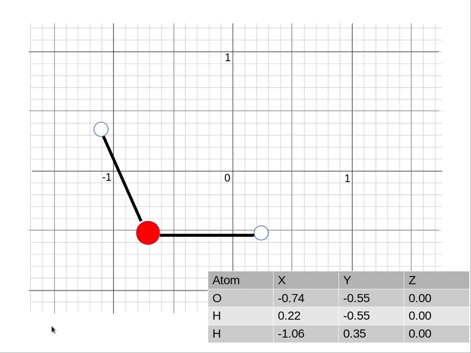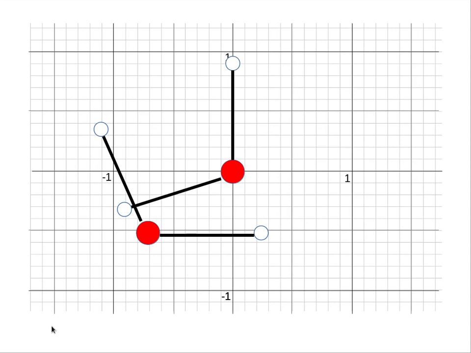But interestingly, a water molecule that is in a very different orientation and in a very different position to our original water molecule. So if I were to overlay those 2 water molecules, you can see that they are both water molecules, but they're in very different positions and very different orientations, very different rotations.